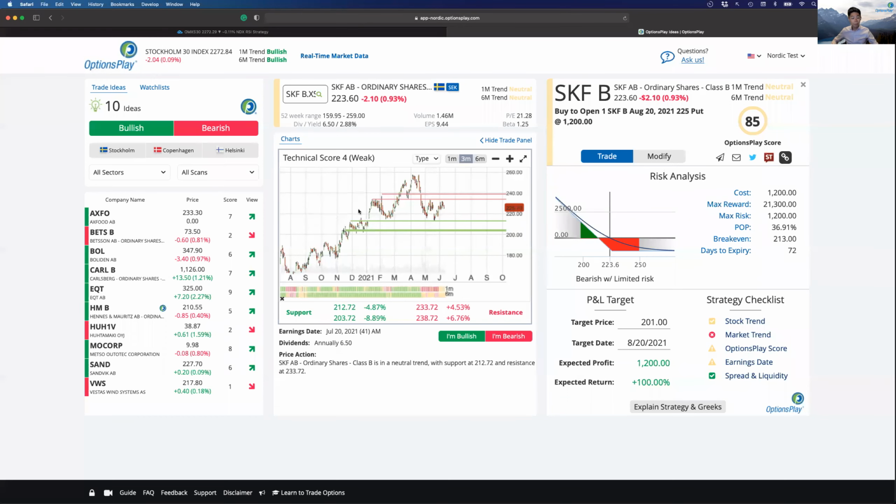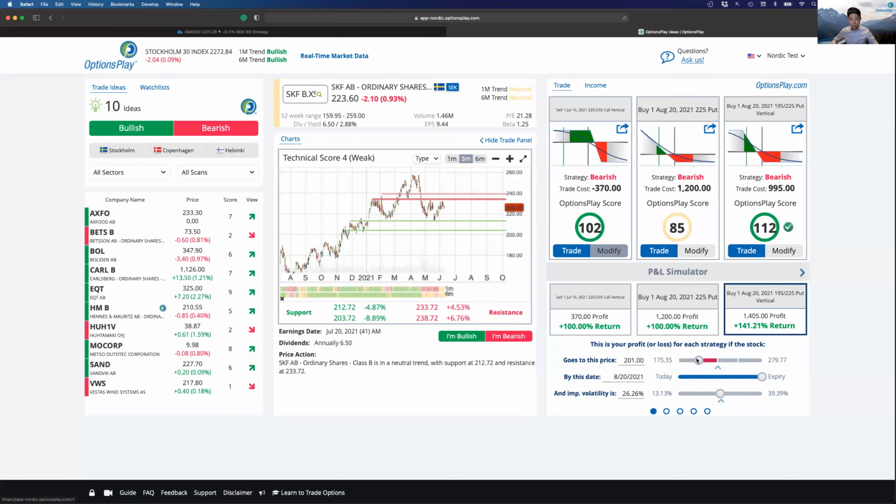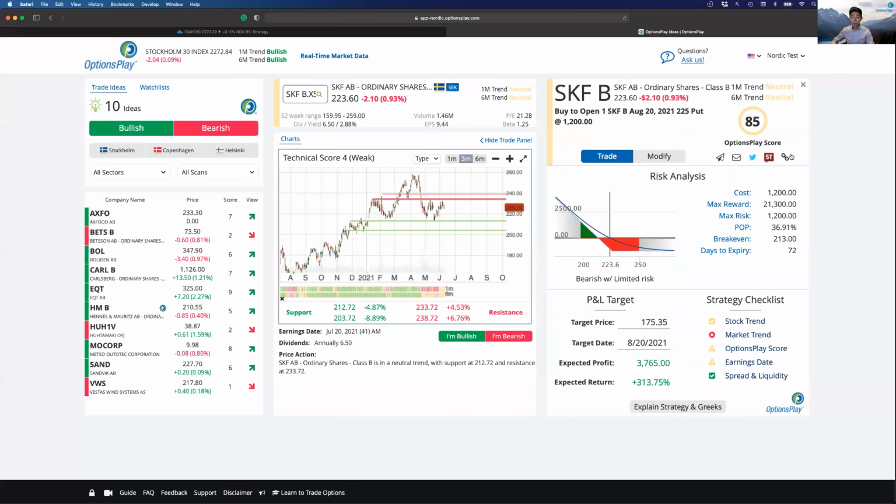Something could come up. So maybe that long put, which really takes advantage of a big move to the downside, as you can see, 313% for 1,200 crowns of risk, I get 3,700 crowns of profit. So if you do think the stock's going to make a big move, then buying a put option is better.